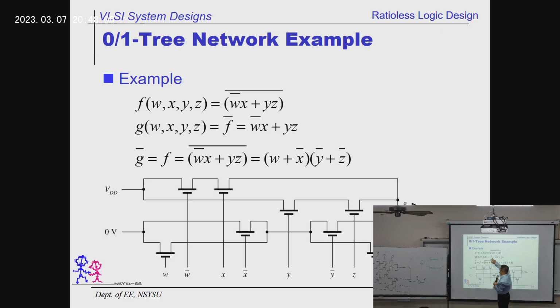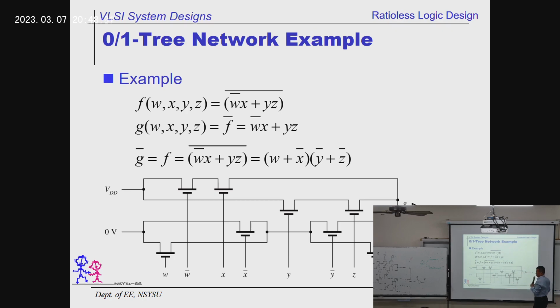We call it G. Then we have W bar, X and YZ. See that? And then G bar equals this one. Here we use De Morgan's law from here to here. W bar becomes W, AND becomes OR, OR becomes AND, this way.